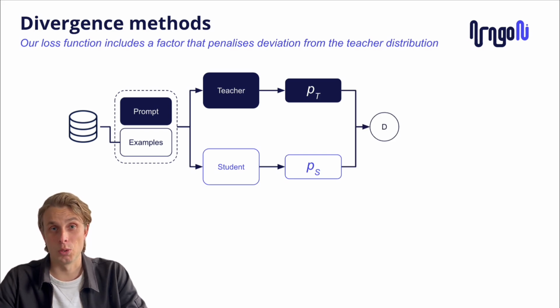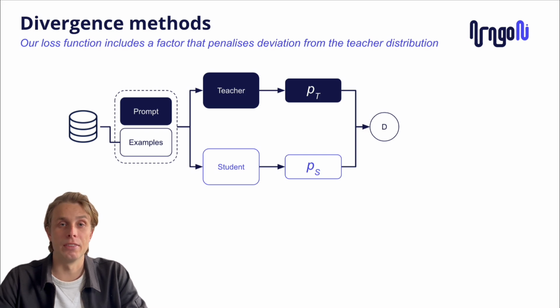Okay, coming back to the diagram, we now have our generations for both the student and the teacher. We then provide this to D, where D represents the divergence function, and there are multiple that you could choose here. For now, just view it as an abstract method for calculating the difference between two distributions, in this case, the teacher and the student distribution. What we'll also typically do is for our student, we'll also calculate the cross-entropy loss, or just a general loss based on the tasks that we're looking to perform for that base model.